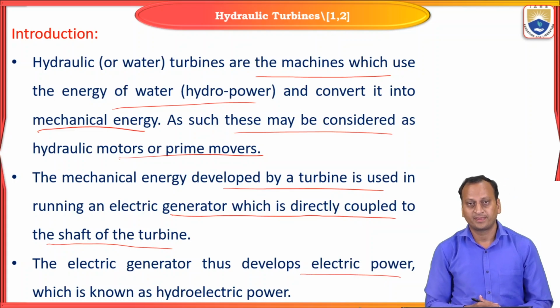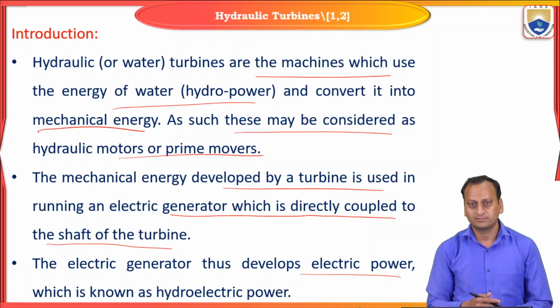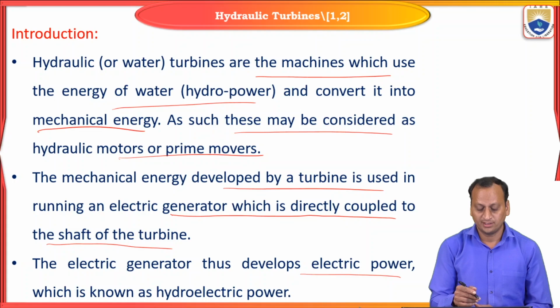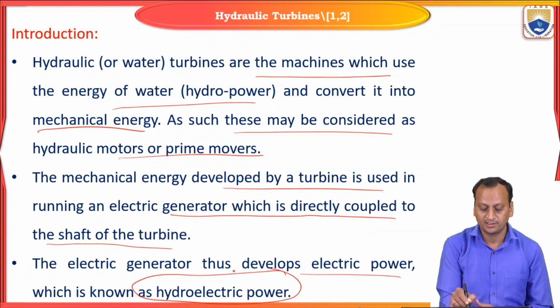There are different types of turbines: gas turbines, tidal power, geothermal power, and steam turbines to generate steam power, etc. But whenever the hydraulic energy, the energy possessed by the water, is utilized for the development of power, in such a case, that power is known as hydroelectric power.